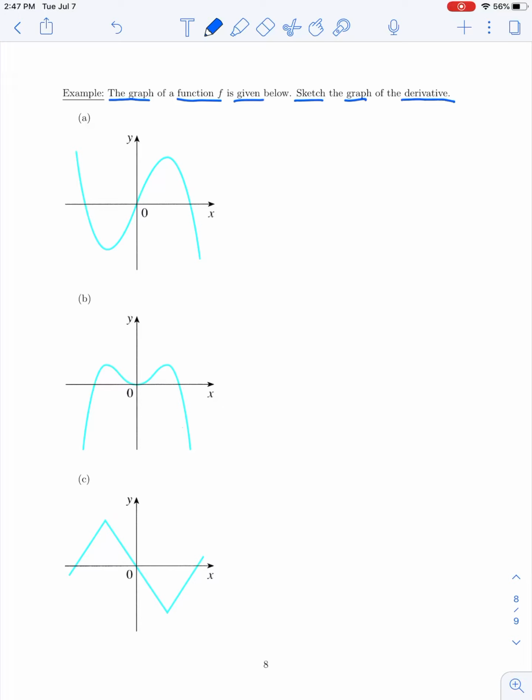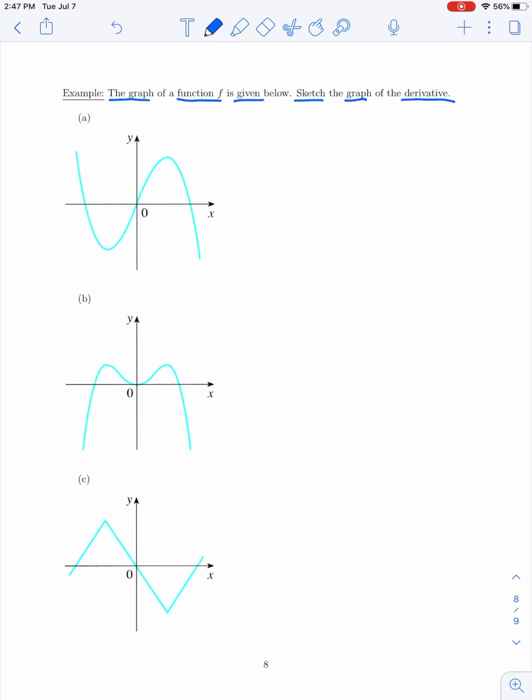We know if we have a formula for f of x, we could find the derivative using that limit definition of the derivative, and once we find our derivative, we could sketch the graph of it. But in this example, we don't know what the function f of x is. We're just given a graph of it, and we have to use a geometric interpretation of the derivative in order to get the graph of that derivative.